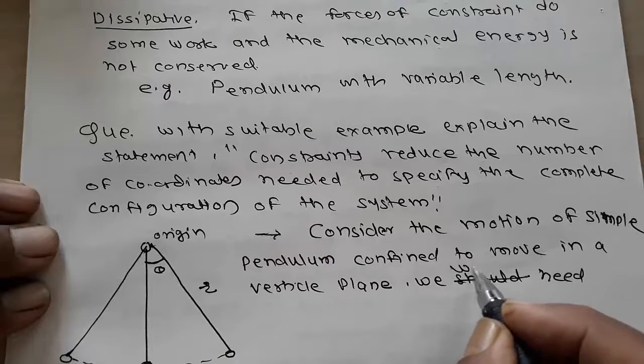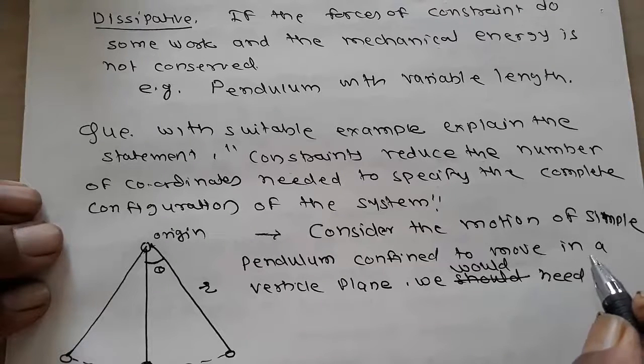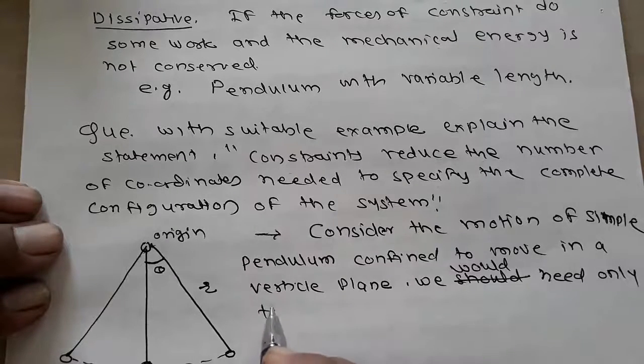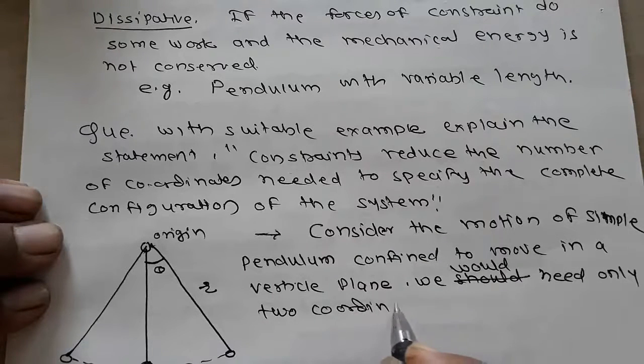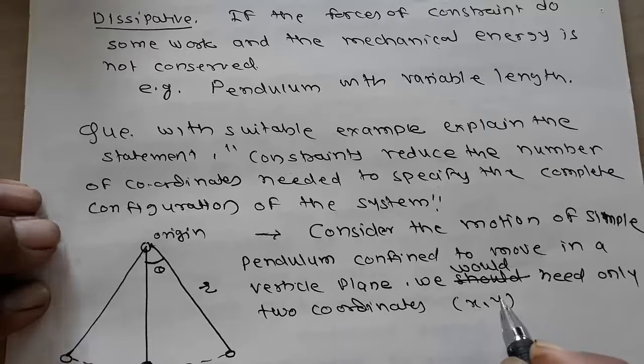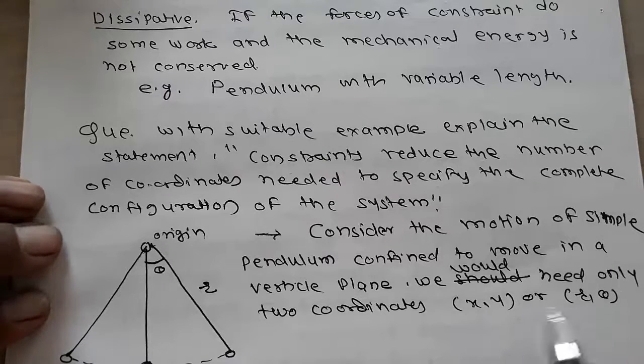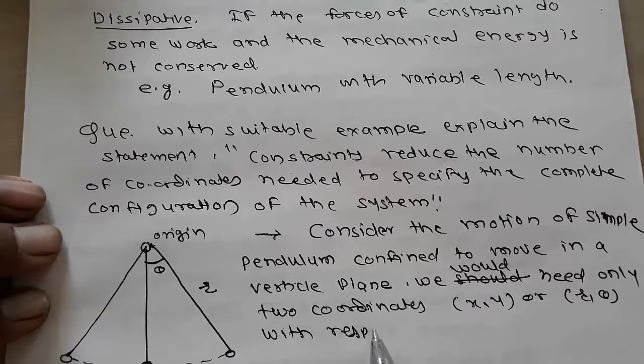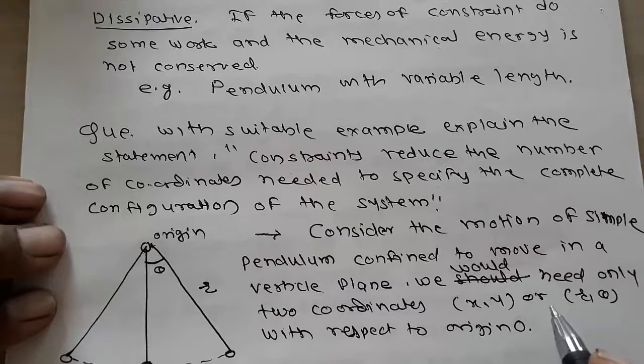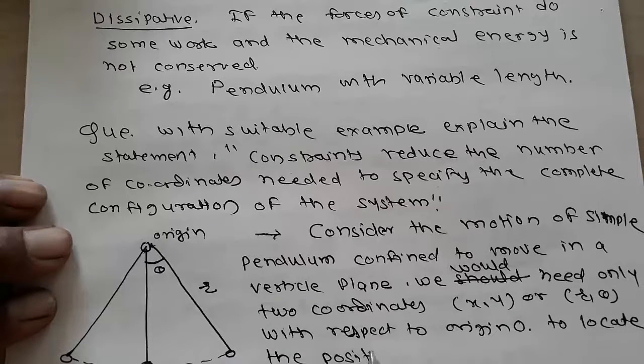We would need only two coordinates, x, y, that is Cartesian coordinates, or r, theta, that are polar coordinates, with respect to origin O, to locate the position of the bob in motion.